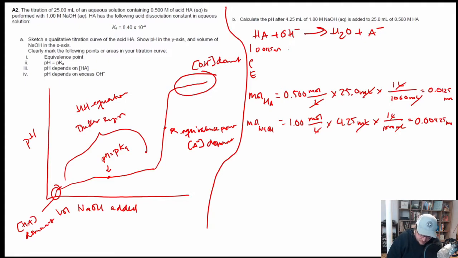So that's how much OH minus we have, because we can consider the dissolution of NaOH to go completely and form sodium and hydroxide. We don't worry about the water. Since we're at the beginning of this reaction, there's going to be 0 moles of A minus. We're at the beginning of this titration.